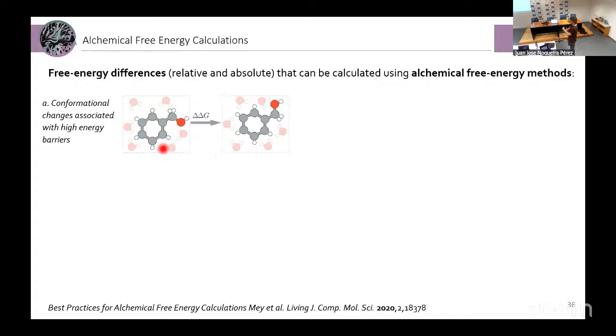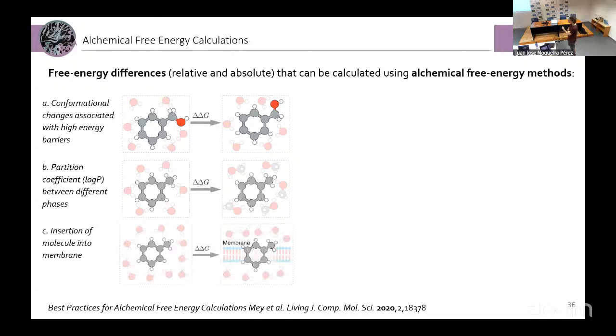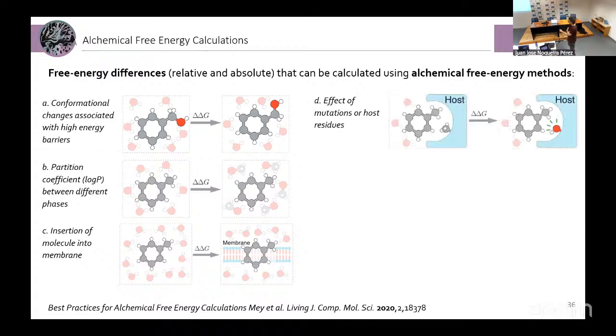Imagine that this rotation is really slow. We can mutate one conformation to another without the need to simulate the complete process. We can also calculate partition coefficients in different solvents, or the free energy of binding to a membrane, because we are only changing the environment.